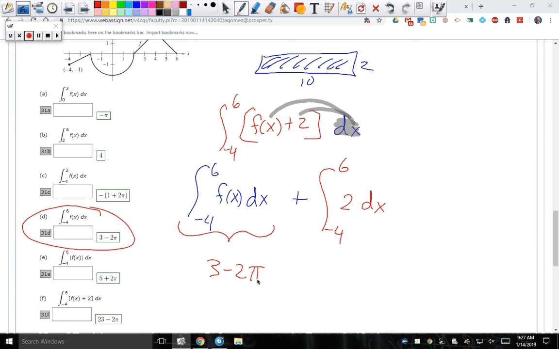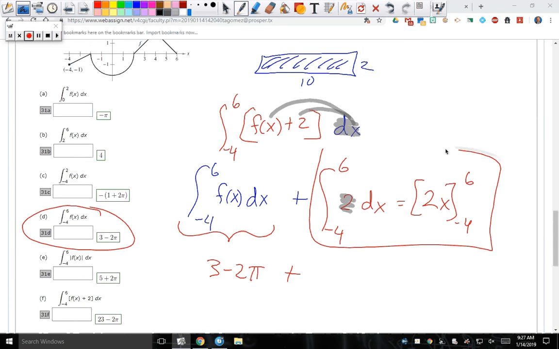Okay? And if I'm going to take the antiderivative, what's the antiderivative of 2? 2x. So for the first one I use the graph, but for the second one I'm actually going to get this 2x from negative 4 to 6, and I need to figure out what this equals. Okay, let's plug in 6, and now let's plug in negative 4.